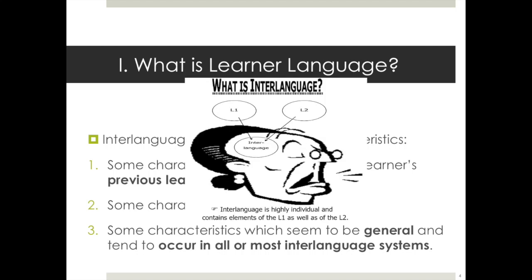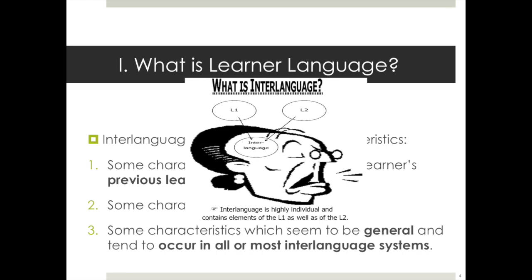So if we summarize with this image, this caricature, what we have in our interlanguage or learner language system is a combination of properties of the L1 or L1s, also properties of the second language being learned, and some general characteristics or universal principles of learning languages.